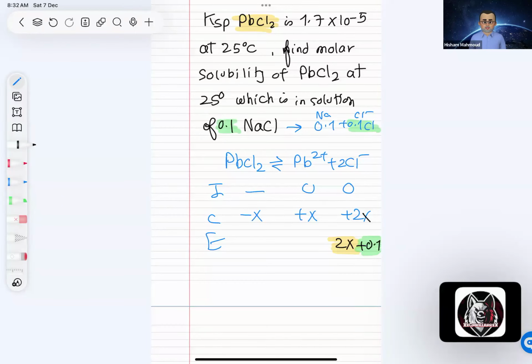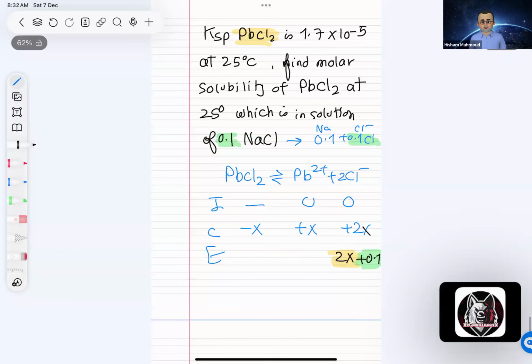What about the concentration of lead? He said the lead is to be, did he say equal volume? So he said the lead concentration will be KSP is 1.7 10 to the power of -5. So the information is plus x. This is plus x.